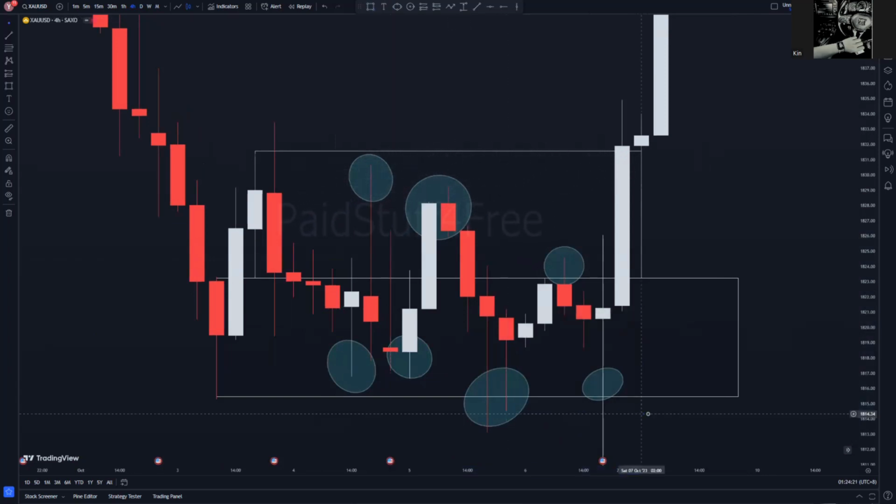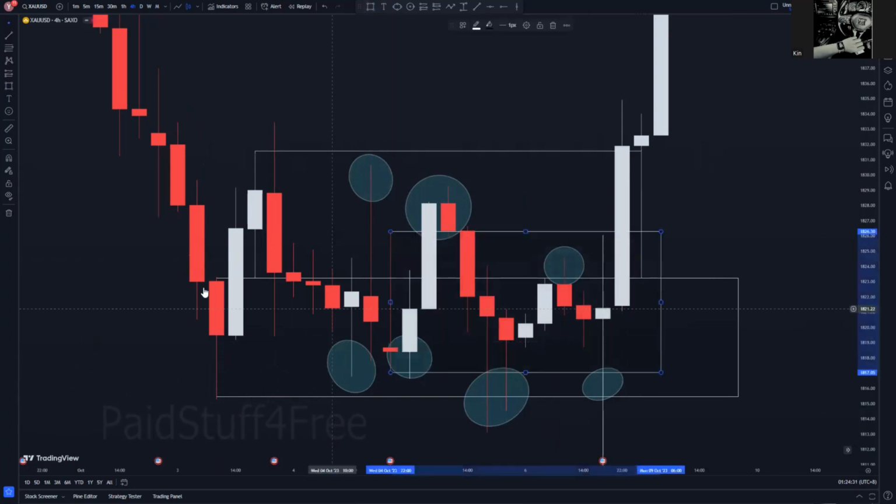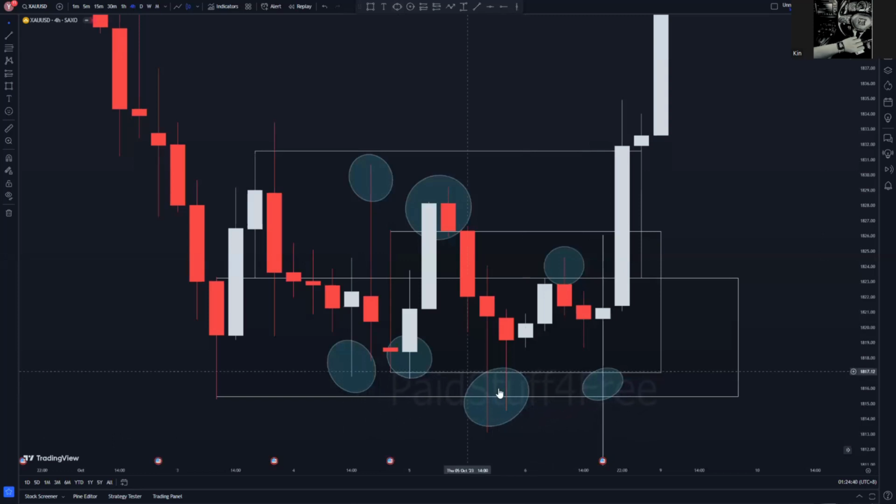Back to what I said, when we talk about the zones, we need to be flexible. For example, whether you mark this buy zone or this buy zone, the current market price will be at the same level, and we are just going to keep monitoring somewhere over here anyway.